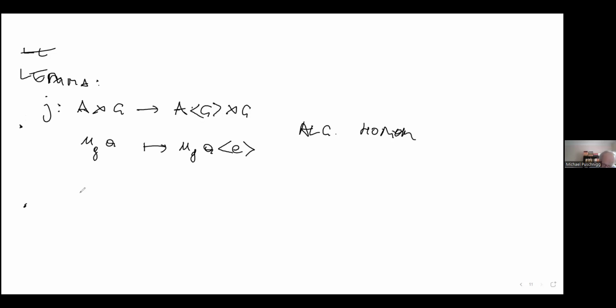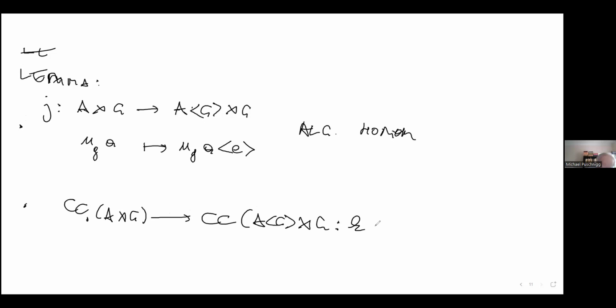And the second observation is the induced map of cyclic complexes to the cyclic complex of this algebra relative to the group ring. This is an isomorphism. It remains an isomorphism on a completion.